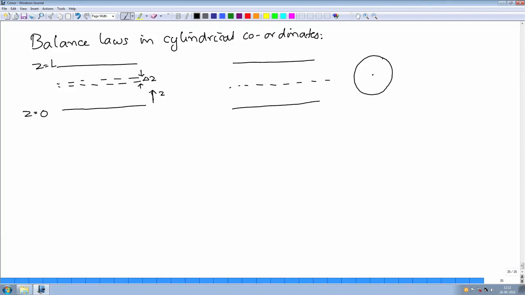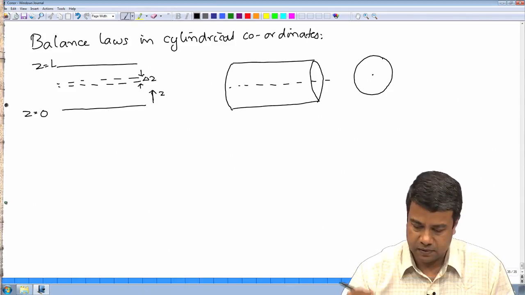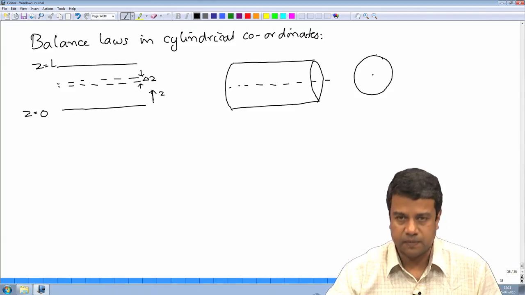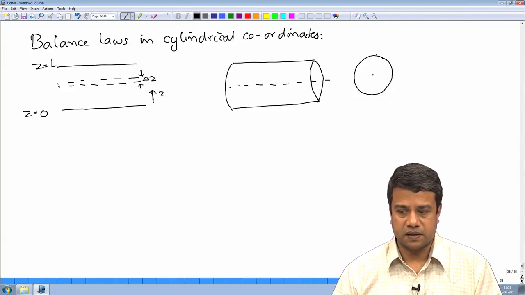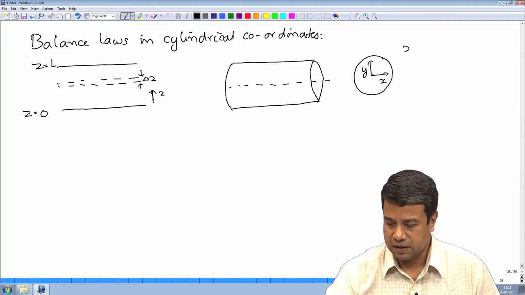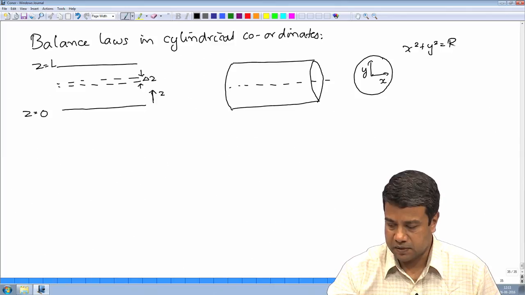Now, one could of course use a Cartesian coordinate system, write down balance laws in it and try to solve it. However, in a Cartesian coordinate system, the way that I would have to describe the surface of the cylinder, if I had orthogonal coordinates x and y, would be to say that x square plus y square is equal to r square.